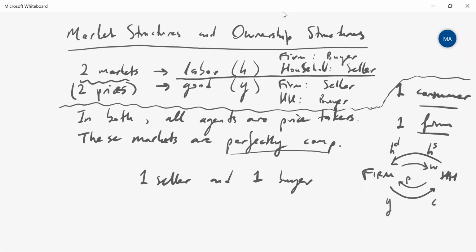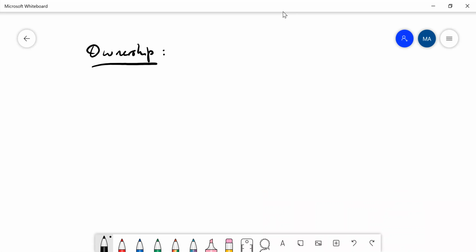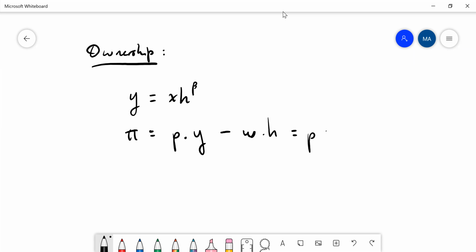Okay. Now in the ownership structure, you should realize one thing. With this production function, okay, what is the profit? Profit is P times Y minus, what is the cost here? Cost is only wage, right? So if you write this, you have price times productivity times labor to the power of beta minus that. Now realize one thing.